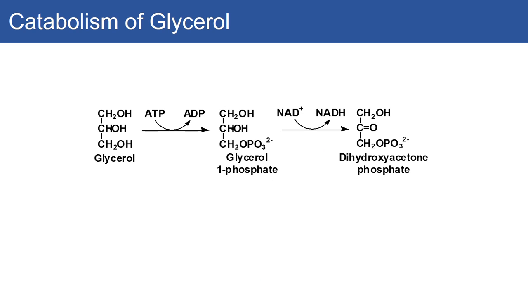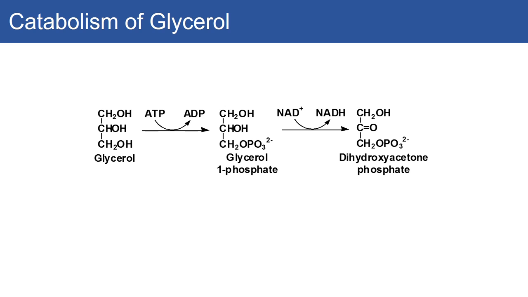Now, we're also going to talk about catabolism of glycerol. Glycerol, as you might note, is an important molecule in fatty acid catabolism and beta oxidation. Glycerol enters glycolysis via the dihydroxyacetone phosphate step.